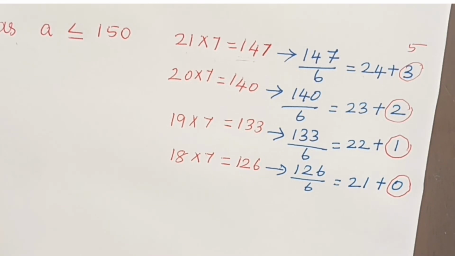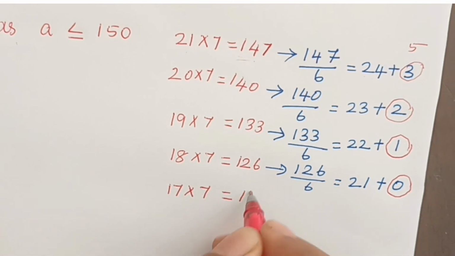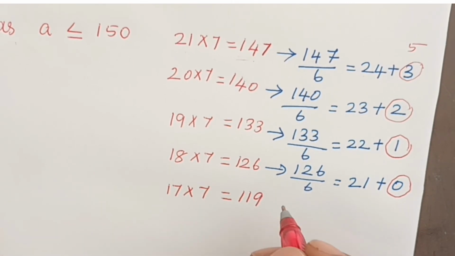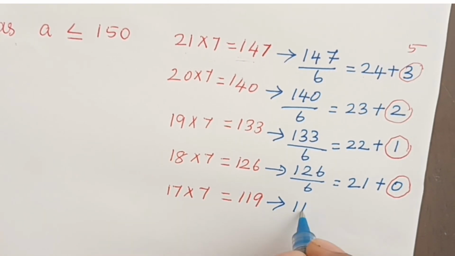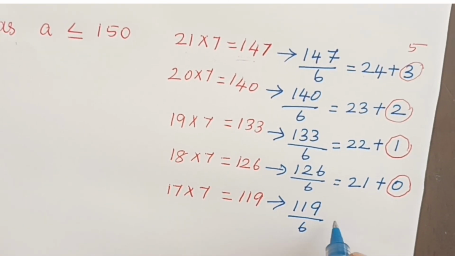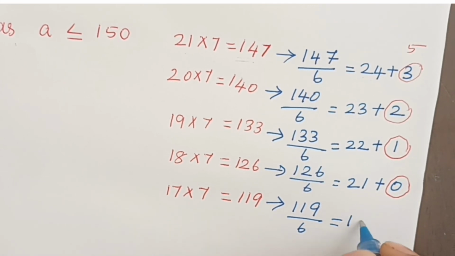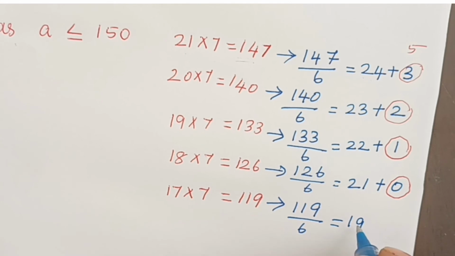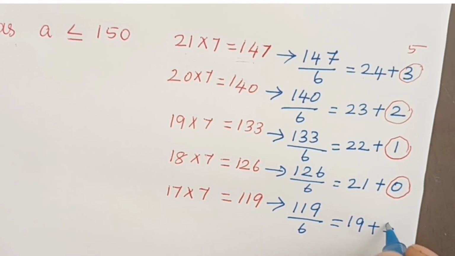So we move to 17 into 7. 17 sevens are 119. Here 119 divided by 6 is 19 sixes, which is 114, plus 5.